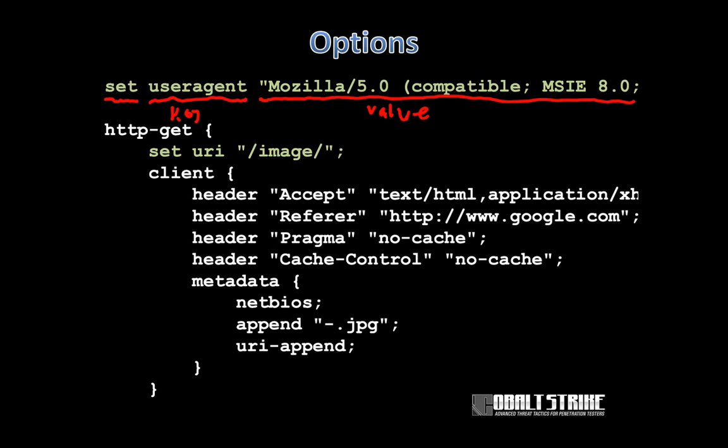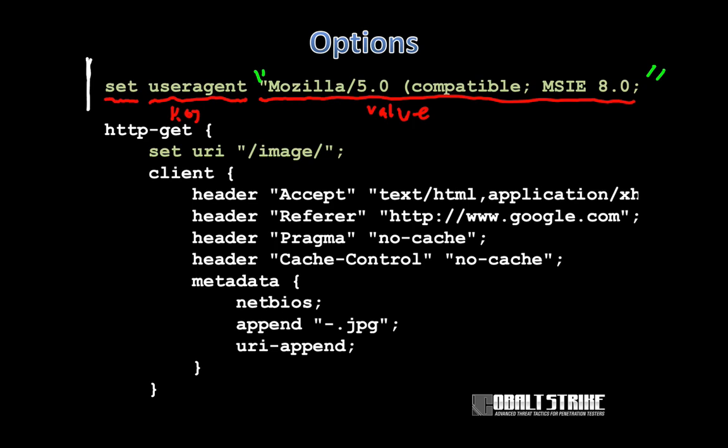One other thing about options is that the option value is always wrapped in double quotes. So it makes sense that the user agent option is global.